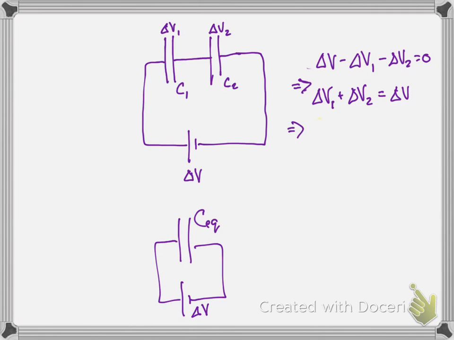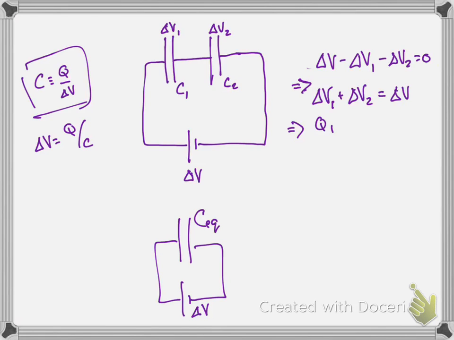Let's write delta V in terms of Q and C. I keep messing up what's on top and what's on the bottom. I'm going to use the definition of capacitance, so that delta V is equal to Q over C. Okay, so Q1 over C1 plus Q2 over C2 equals delta V.